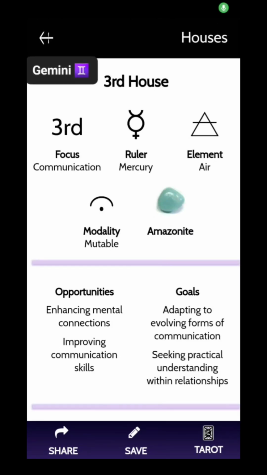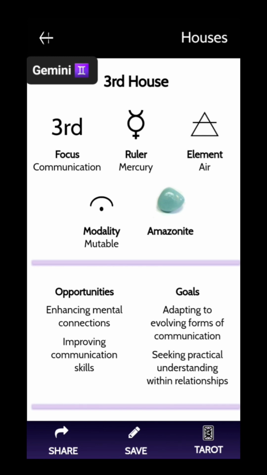Third house. The third house is ruled by Gemini. Gemini's ruler is Mercury. The third house represents communication.